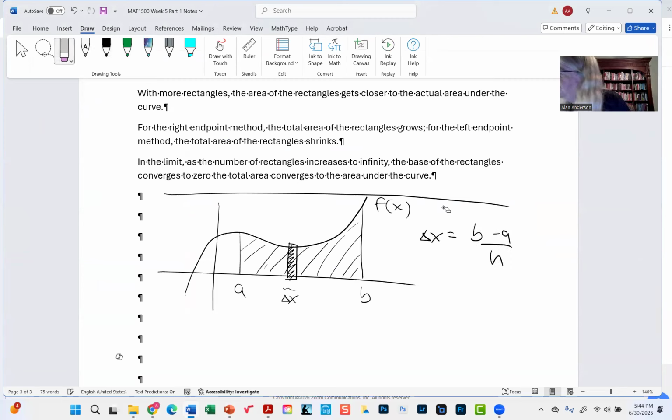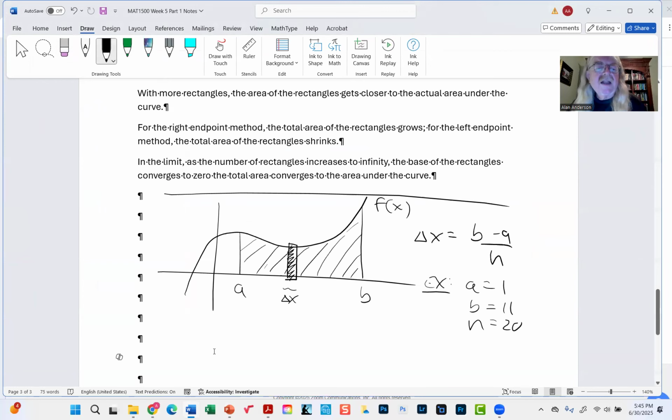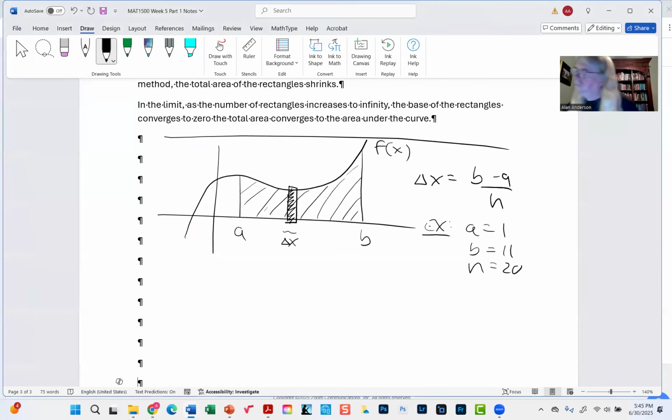In other words, whatever the width is of the entire interval, let's say, for example, A is 1 and B is 11, and I decide to have 20 rectangles. Then the width of each rectangle would have to be 10 over 20, which is 1/2.